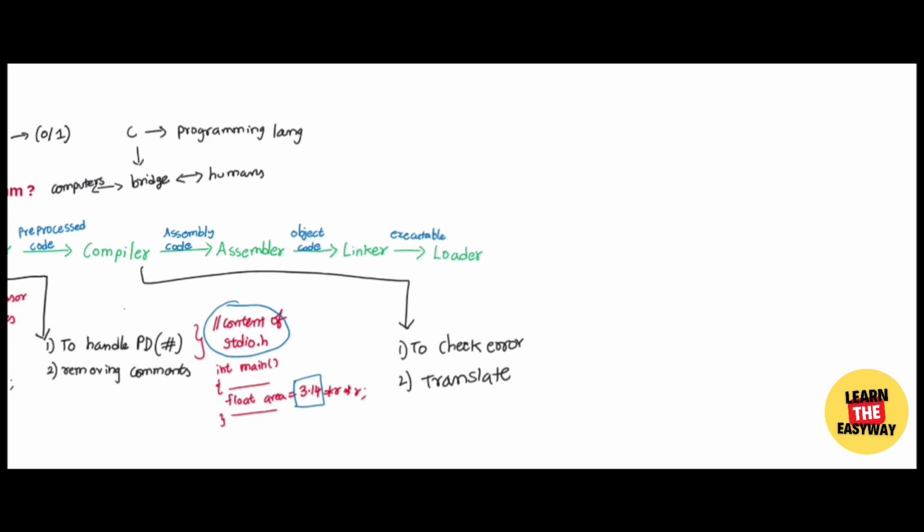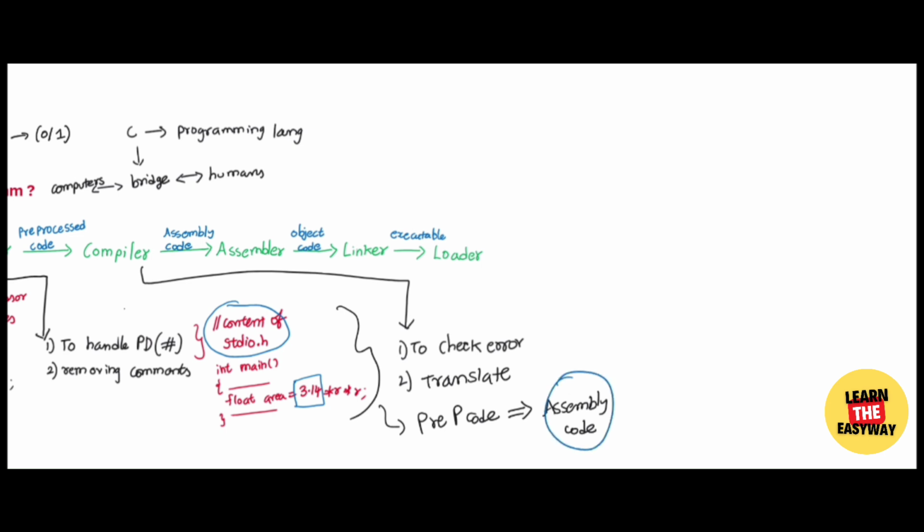The compiler is translating our preprocessed C code to assembly language code. This preprocessed code is converted into assembly code with the help of the compiler.